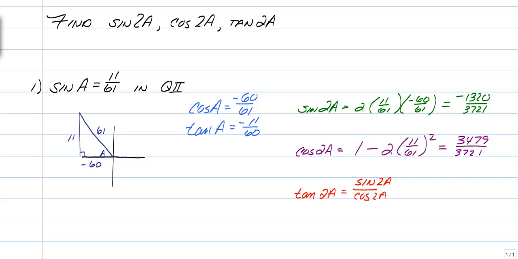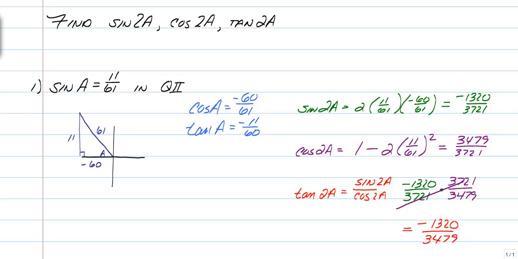So all we have to do is take sine, which is negative 1320 over 3721, times the reciprocal of cosine, which is 3721 over 3479. You'll notice these two will just cancel, and you now have the tangent of 2a is equal to negative 1320 over 3479. Done. That's it.